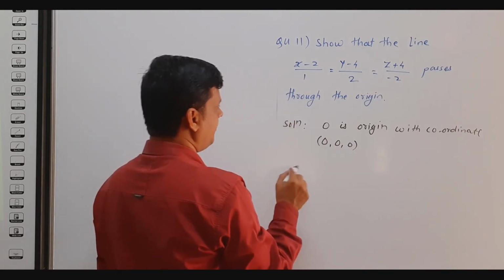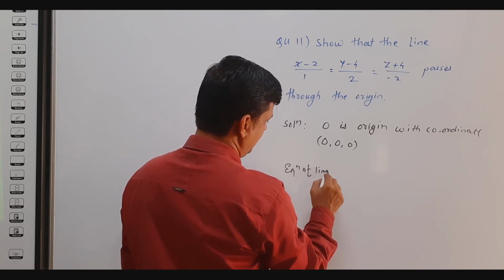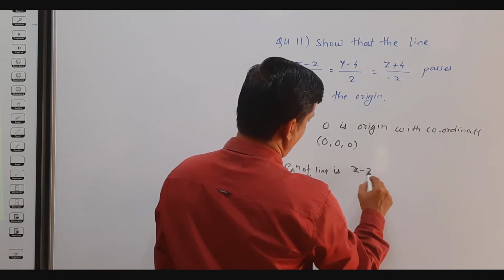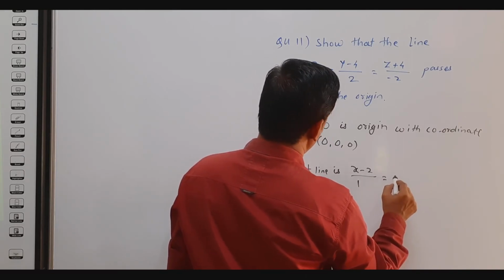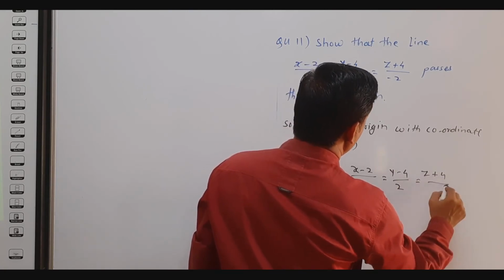So the given equation of the line is x minus 2 upon 1 is equal to y minus 4 upon 2 is equal to z plus 4 upon minus 2.